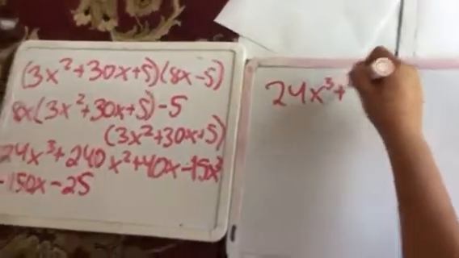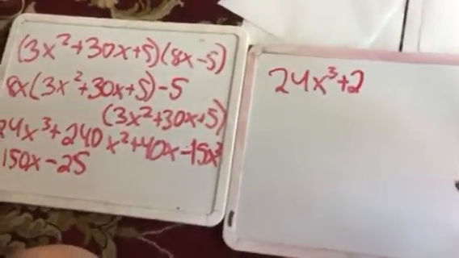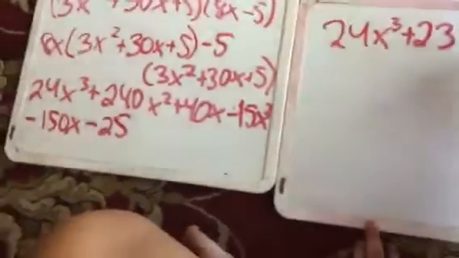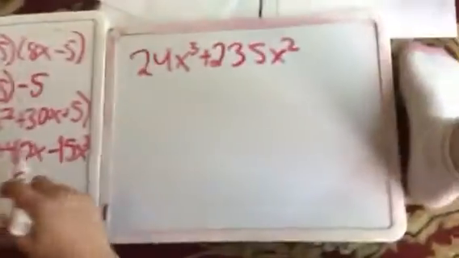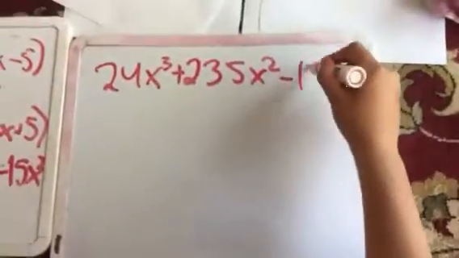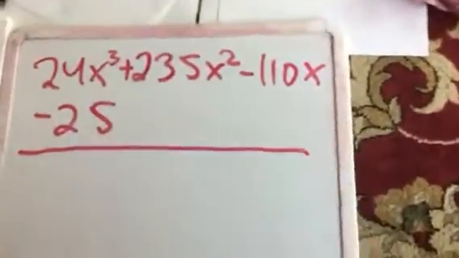So that's plus 235x squared. And then we can combine 40x and negative 150x, which is minus 110x, minus 25. And this is our final answer.